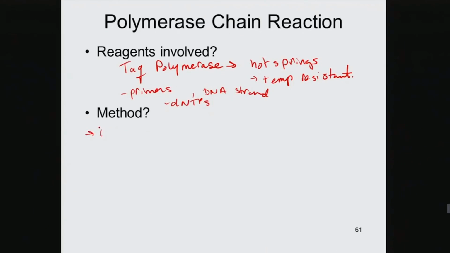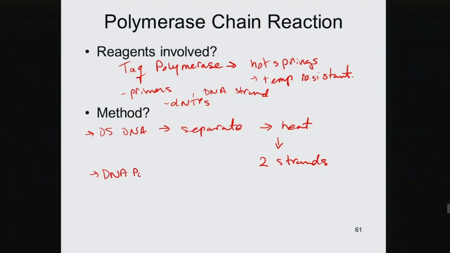So we're going to take our double-stranded DNA. We need to separate them. So what are we going to do in the reaction? We're going to add heat. So we get two strands. And then we're going to let the DNA polymerase plus the primers and the dNTPs make copies.